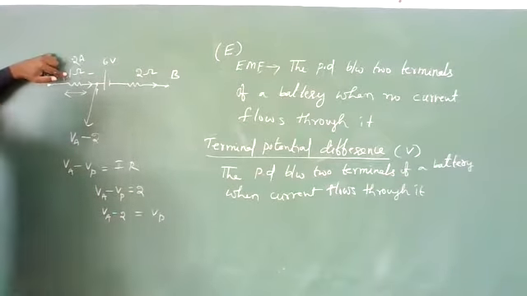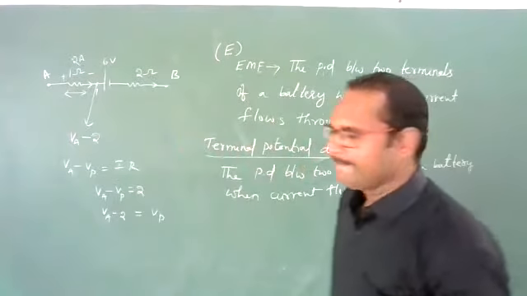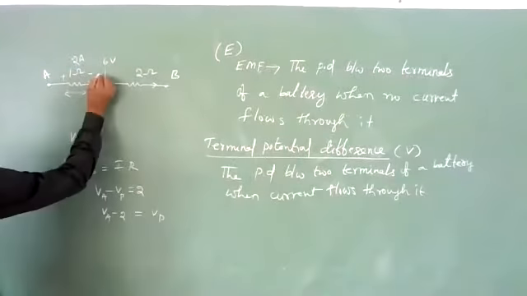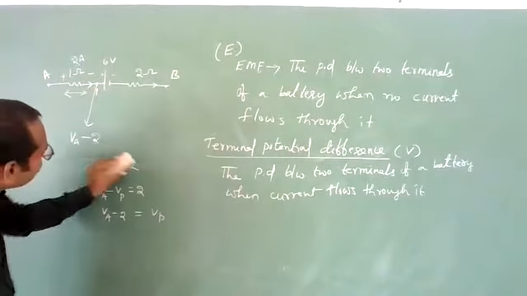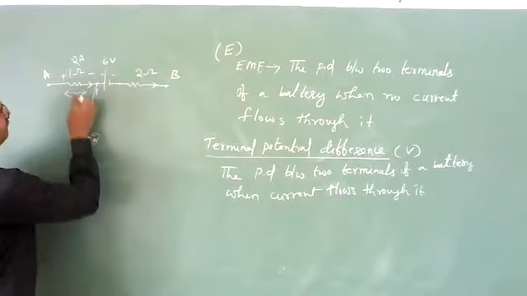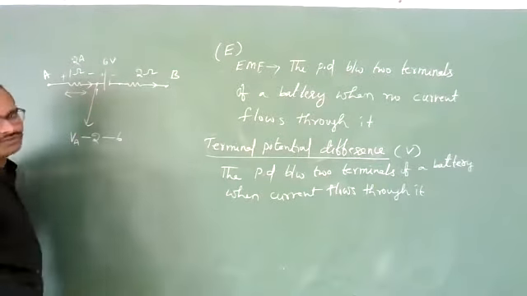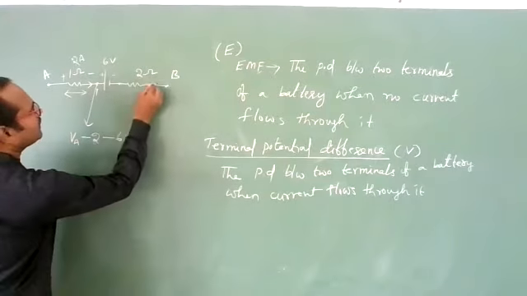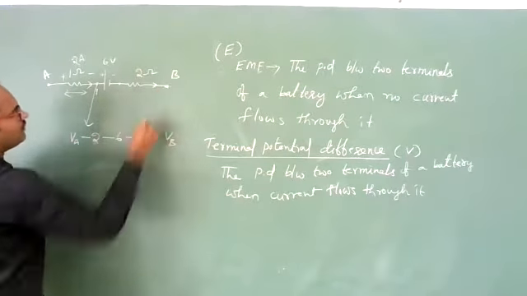That is what I have written here. Point understood? Next. Here plus is there, here minus is there. Now in this case, this point voltage will become VA, minus 2, minus 6, still a voltage drop. Now this point, 2 to the 4, minus 4 should be equal to VB, this point's voltage.